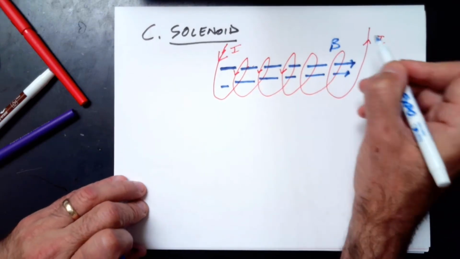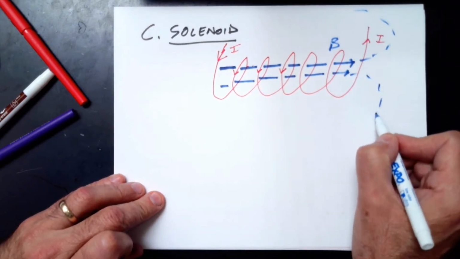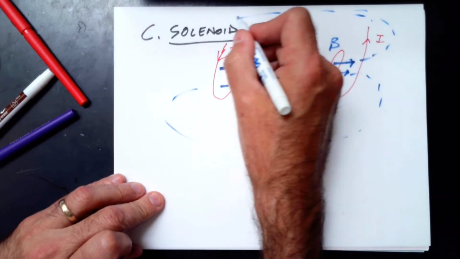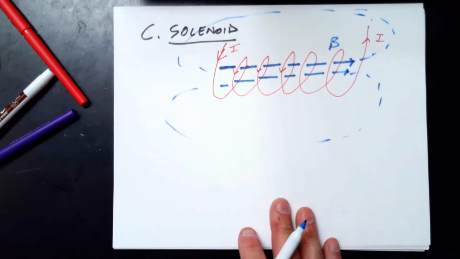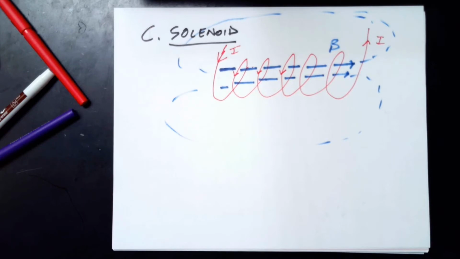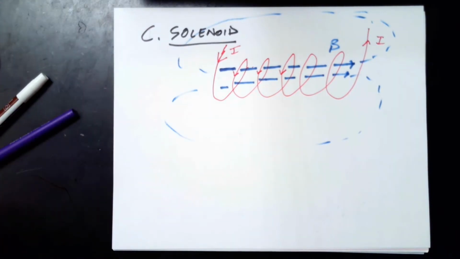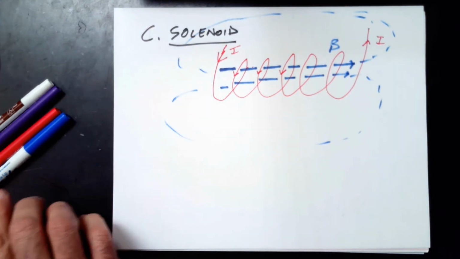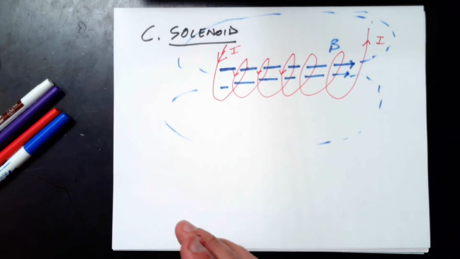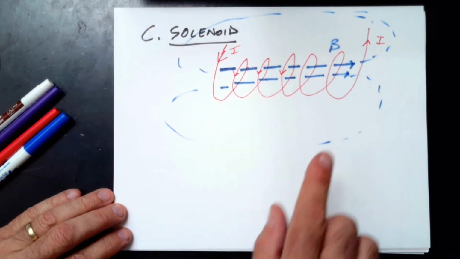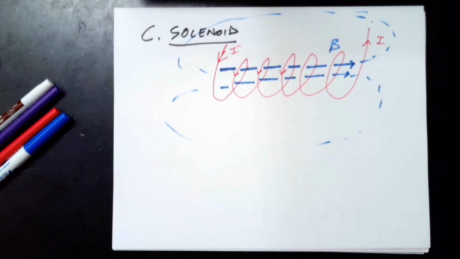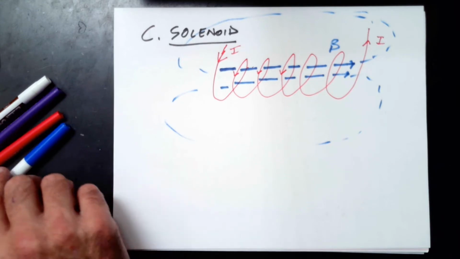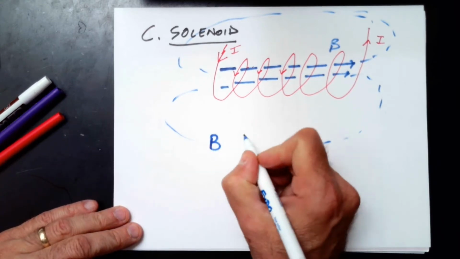So that's the B. And then the B wraps around like this, wraps around like that. And I strongly recommend you look at an animation I uploaded from Penn State University, some three-dimensional computer-generated animations, and look at the one for the coil and for the stacked coils or the solenoid, and you get a really good idea of how this works, what the geometry looks like. Okay, what we would like to know is B.